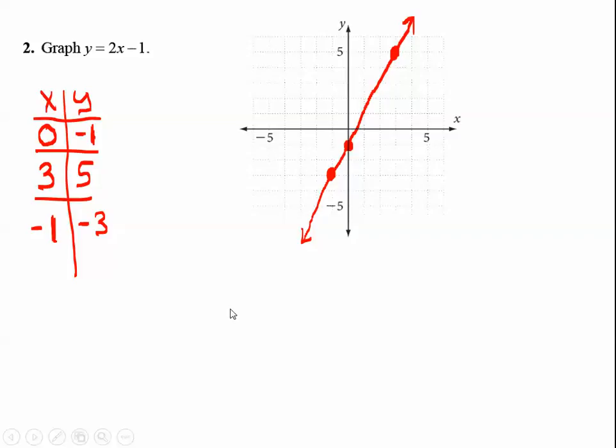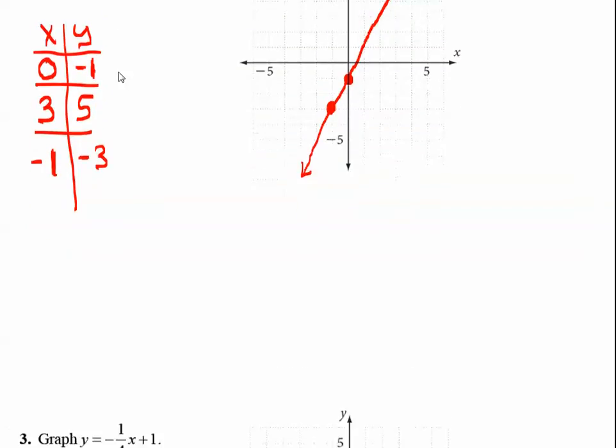One other piece that we have to think about is this little 2 right here. This was easy because you can plug in whatever number you want for x. The difficulty slightly comes in when this little 2 changes into a fraction.